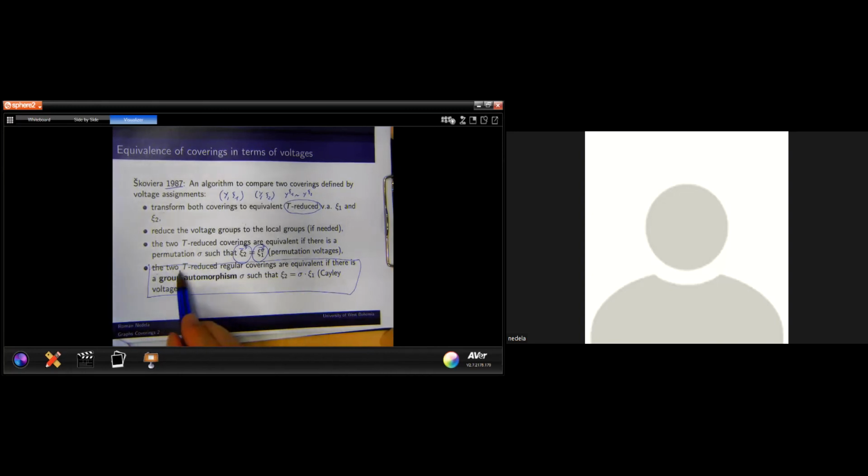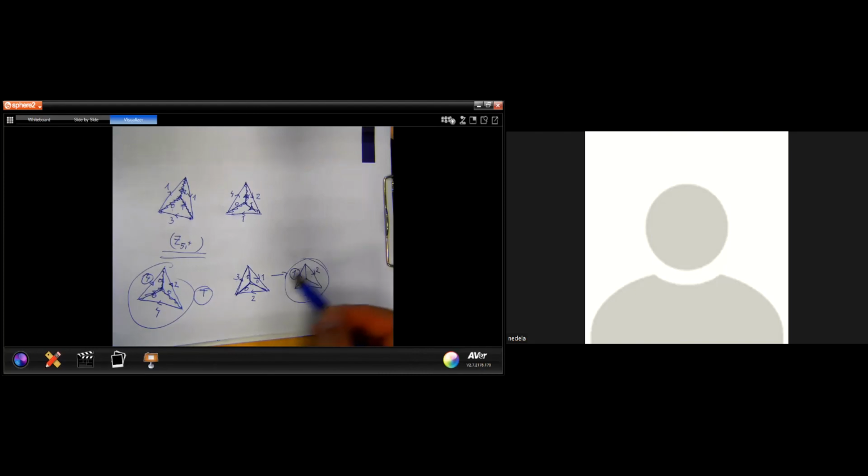Two T-reduced ordinary voltage assignments that define regular coverings are equivalent if there is a group automorphism. So we have to use in the end a group automorphism, and this is what we did. So we tried to compare the voltage assignments.